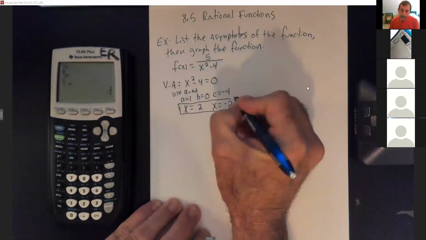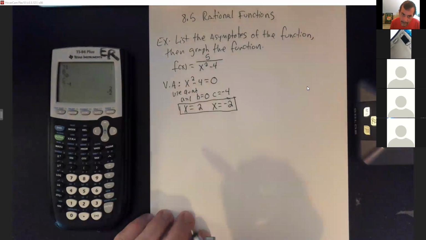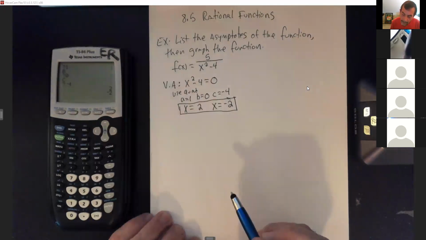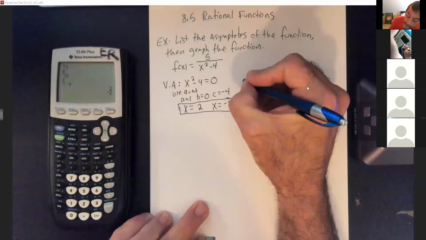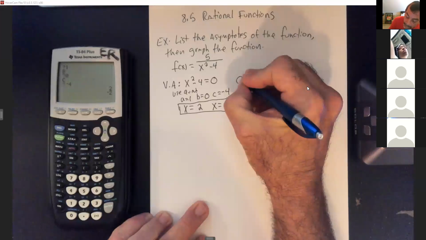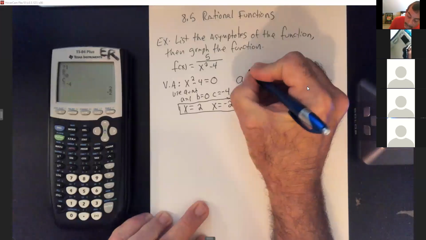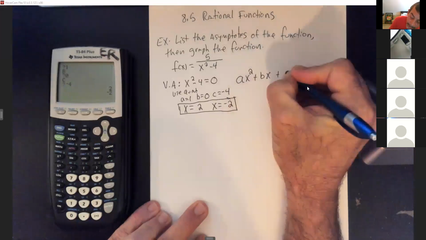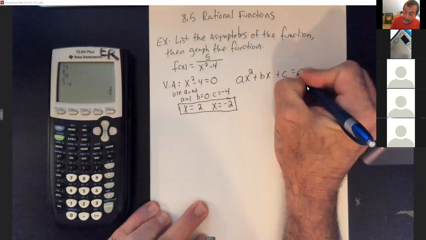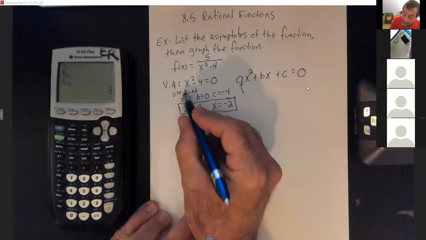Okay, so can you explain to me again why negative 4 and 0 is switched? Okay, because when you do a quadratic equation, you're always in the form of ax squared plus bx plus c equals 0. So notice in our problem, I had an a here, which was 1, right?